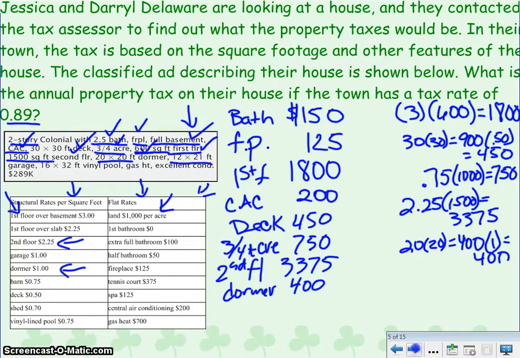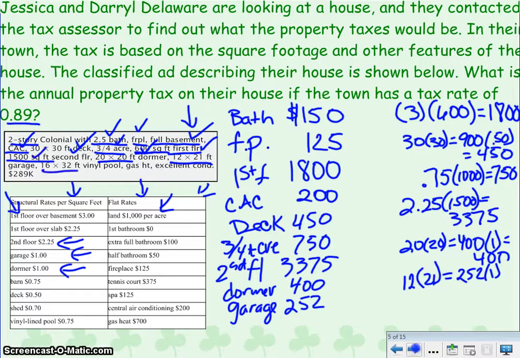I have a 12 by 21 foot garage. And 12 by 21, I'm looking at 252. Over here, $1 per square foot. So it's $252 for the garage.